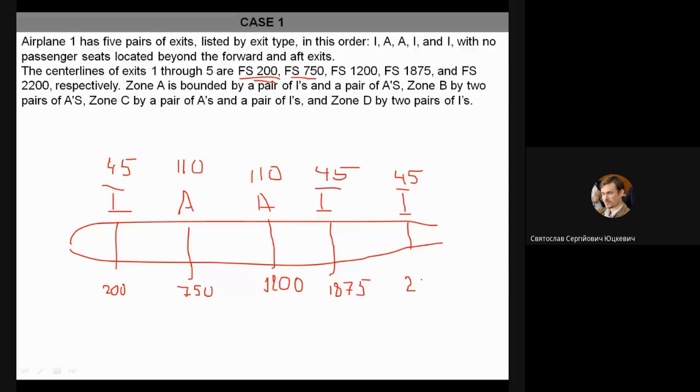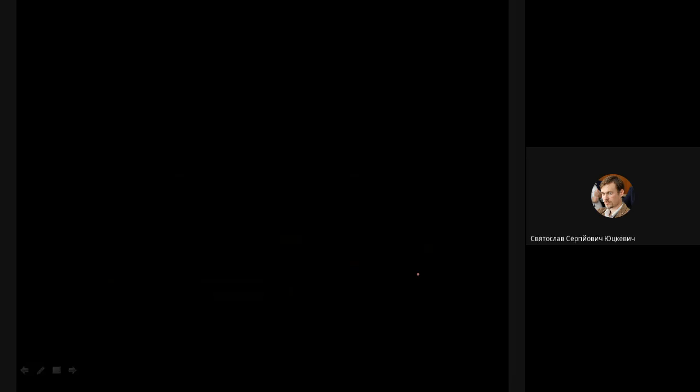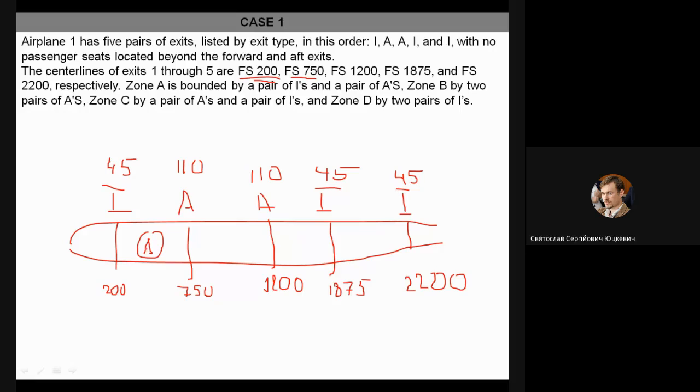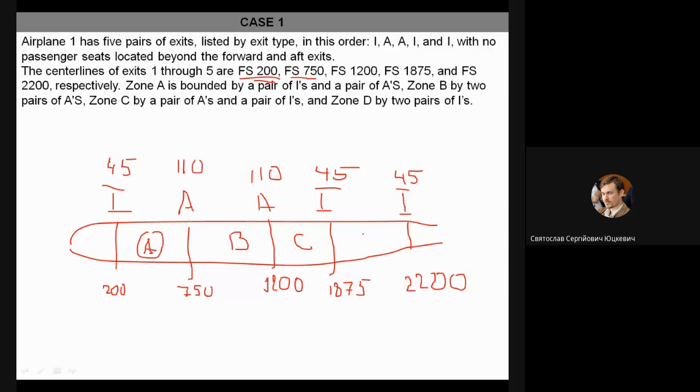And 2200. So it will be zone A, B, C and D. Four zones will be on the A plane.